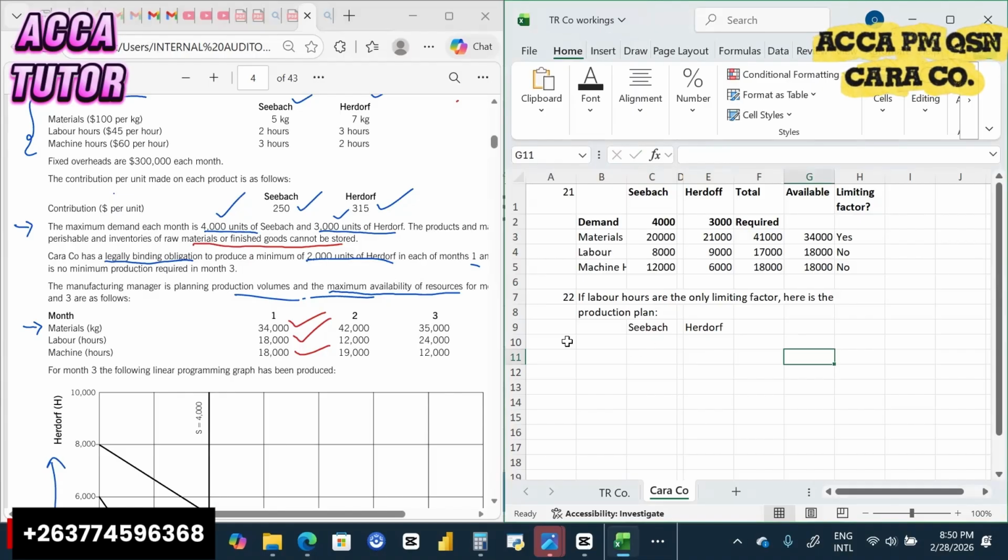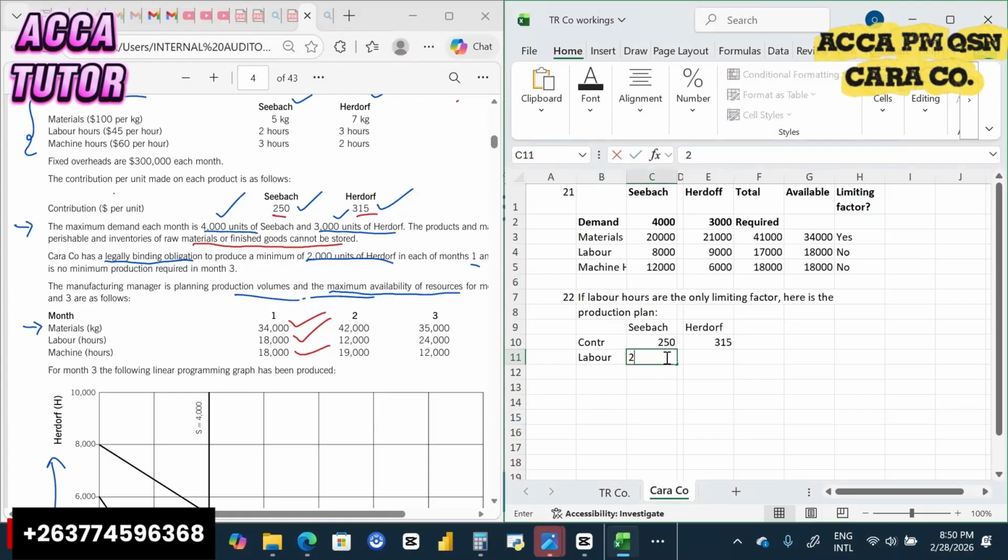All right, so let's start with the contribution, right? The contribution per unit for the C batch is 250, and for head off 315, right? And the limiting factor is what? Is labor, since it has already been identified by the examiner, isn't it?